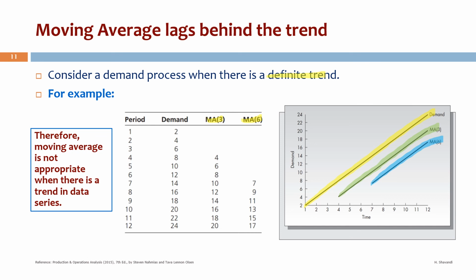And as you see here, the forecast obtained by the moving average is always behind the trend, right? This shows that the moving average is not an appropriate method for the case that we have trend. But if there is no trend and the mean is constant over time and we have just random fluctuations, then definitely a moving average can be applied there.